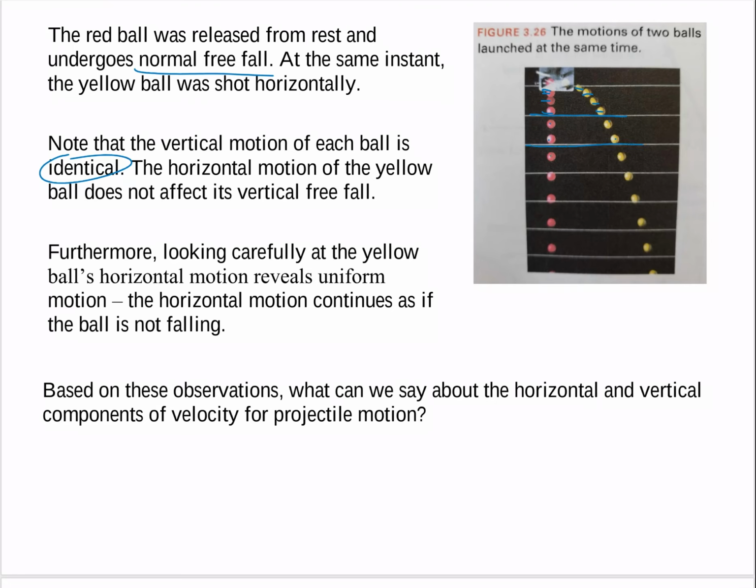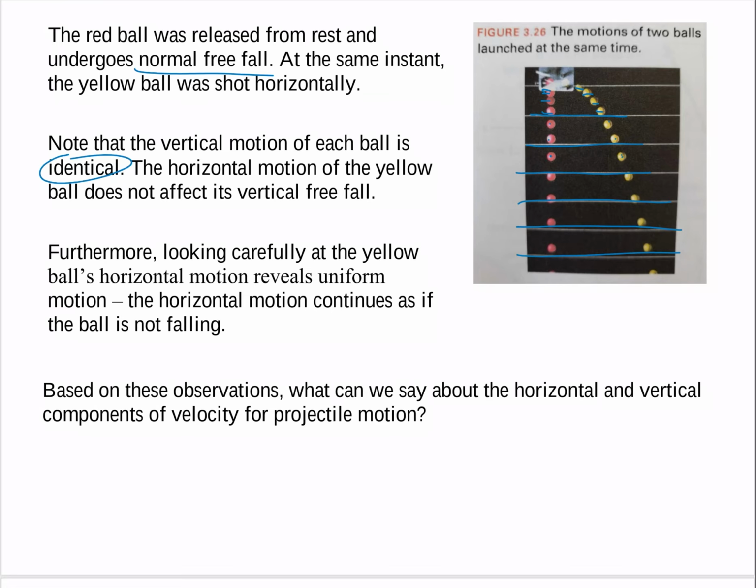We see both balls here and here, and then both right there. So you can see that they are both falling at the same rate. Even though one was just dropped and the other one was launched horizontally, gravity is still pulling them both toward Earth at the same rate, which means vertically they are both falling at the same pace.